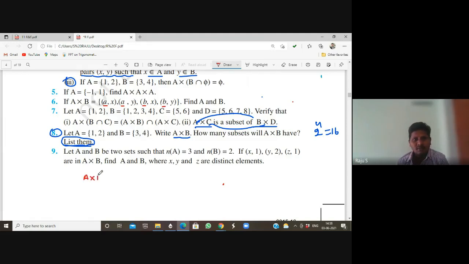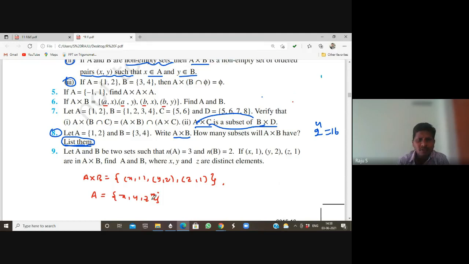The elements which belong to A cross B are clearly given: x comma 1, y comma 2, and z comma 1. If you observe here, the first components belong to A. So A is equal to, what are the first components? x, y, z.